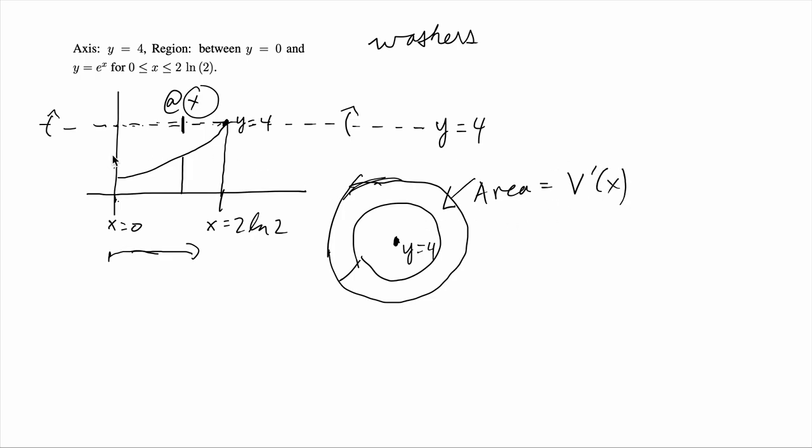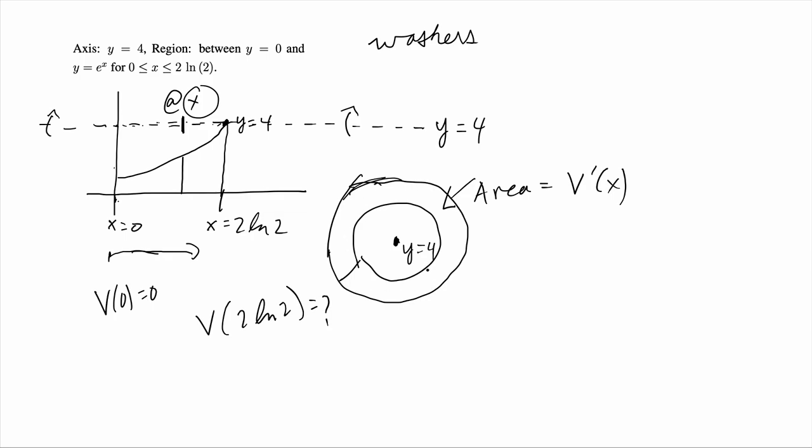And we're going to assume that the volume at 0 is 0. And we want to know what V of 2 ln 2 is equal to. And we know the derivative of volume is just equal to the area of this washer.